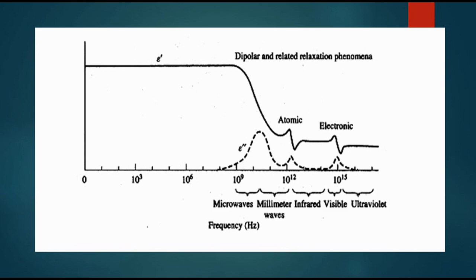You can also see the frequency, and the atomic and the electronic. You can also see the graph, how it is. It starts from 0 and goes to 10 to the power 3, 10 to the power 6, 9, and so on and so forth. These are just what I was trying to explain, and I have some other things I'm going to explain in much better detail. So this is the diagram.